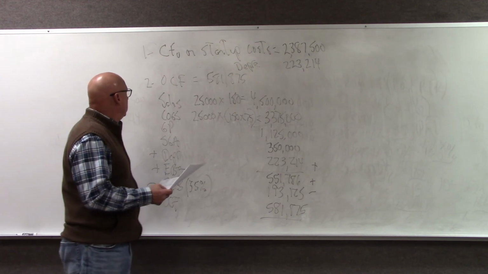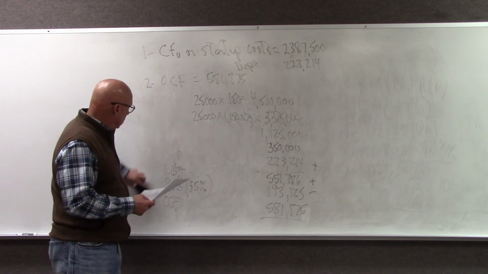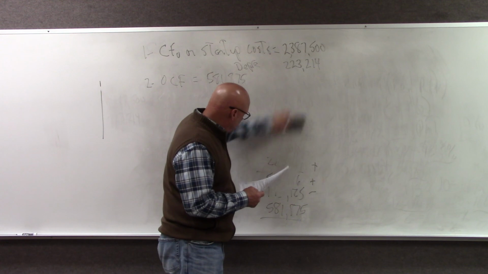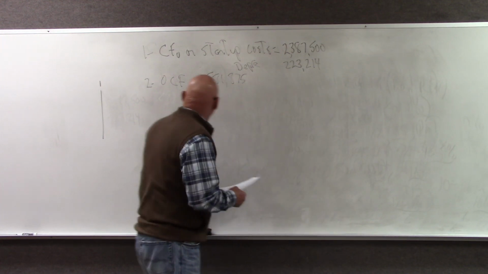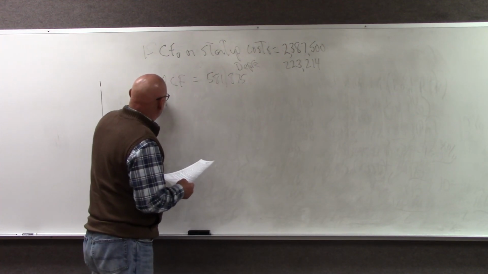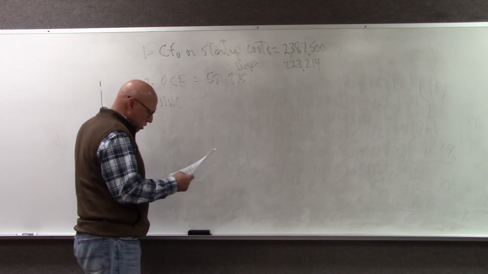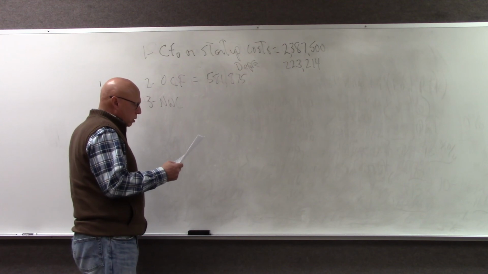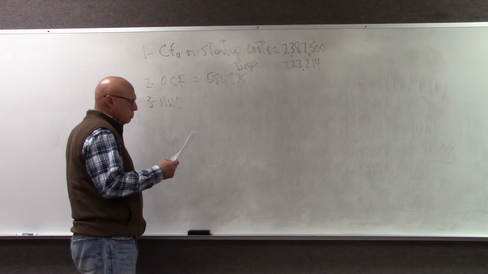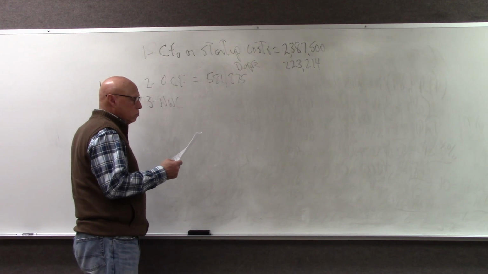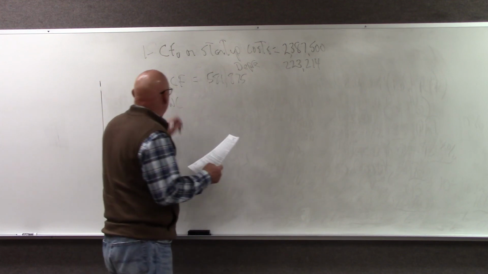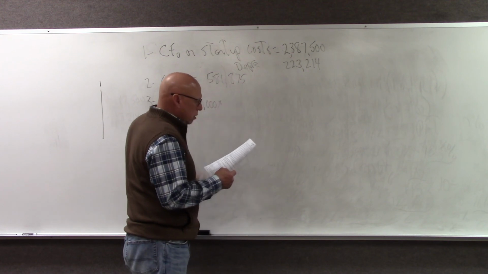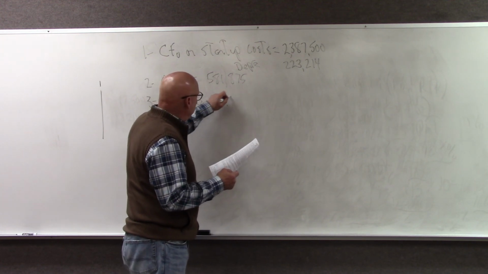But remember, in the 7th year, we're going to recover 80% of our net working capital. So our net working capital was $450,000 times 0.8.